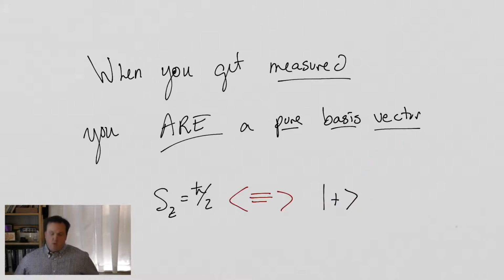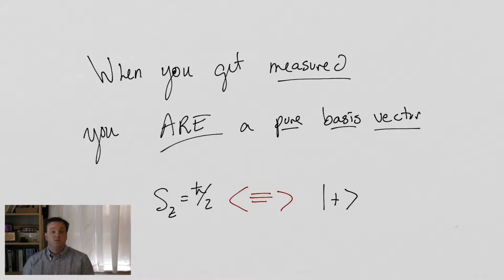And so what we're saying is that the thing that I measured when I said this electron has a z component of its angular momentum, a z component of its spin that's up, when I made that measurement, what I'm saying is that the state is a pure basis vector. It exactly, in the process of measurement, is one of the basis vectors.